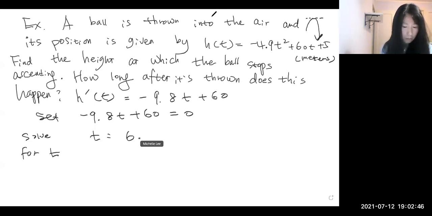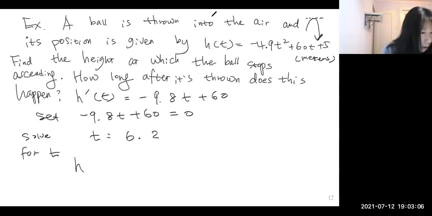6.12245. 6.2. Okay, then let us do that. h of this is at time 6.2. There's no timer. They don't mention anything about the time per second. Interesting.